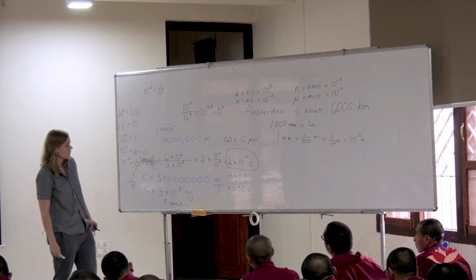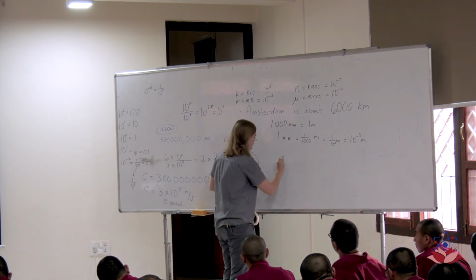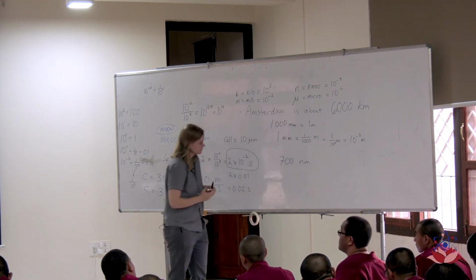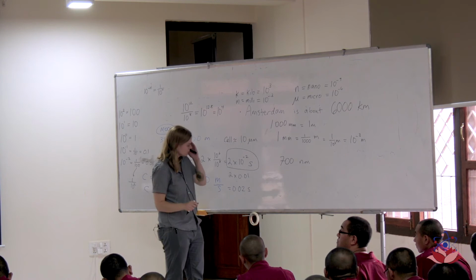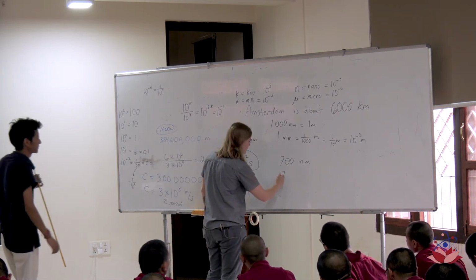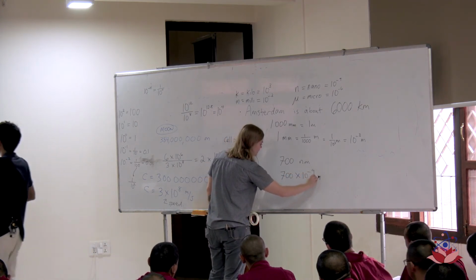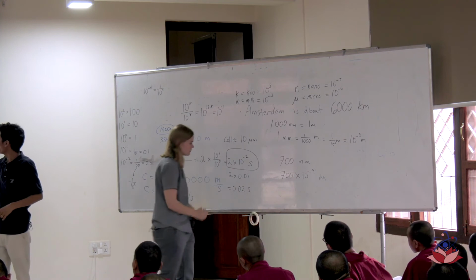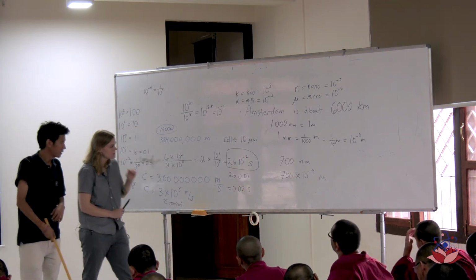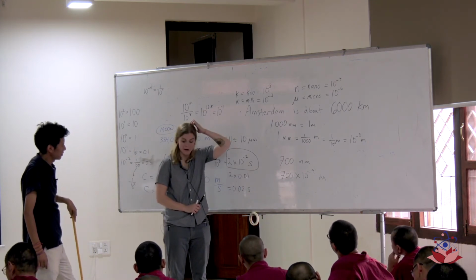Okay? So let's actually figure out what 700 nanometers is. So we can write that as 700 times 10 to the minus 9 meters. So this is very, very, very small, but it's still larger than an individual atom.